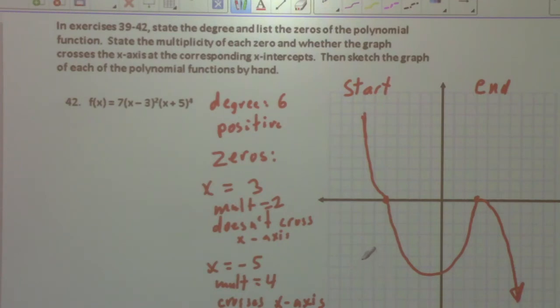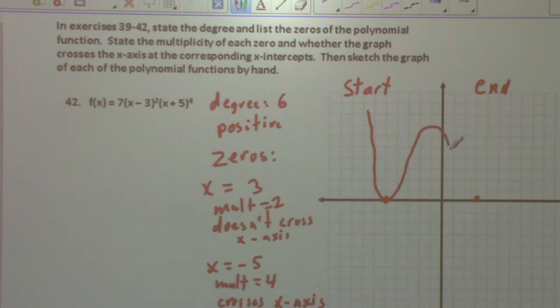Riley's nodding her head. What's happening? Neither of them cross? Okay, Riley suggests that neither of them will cross. Let's try this. Okay, so at -5, if we don't cross, it's going to go like this, and come up here, and then at 3, do we cross or not cross?